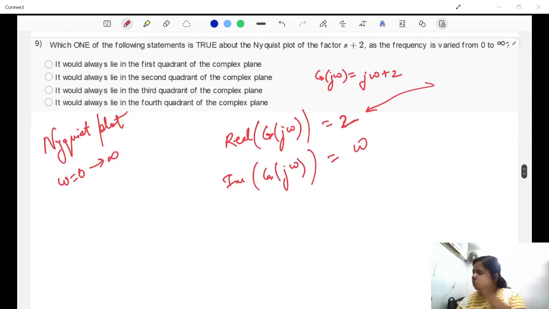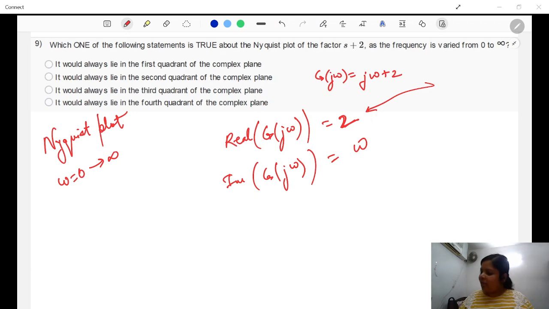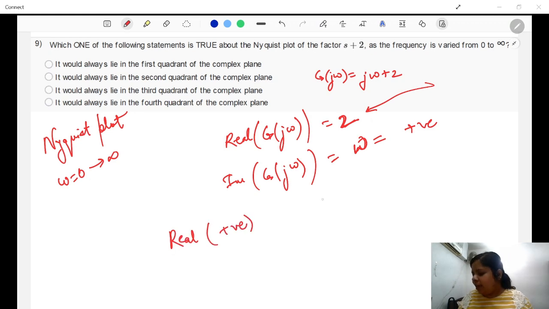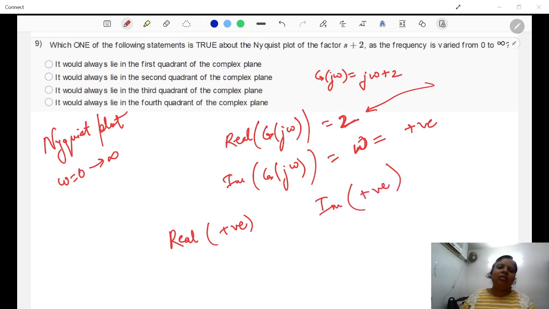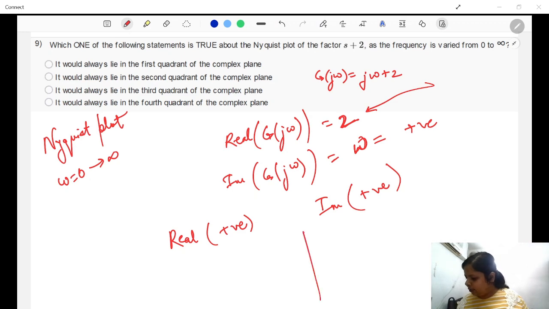So your real part is always 2, and as omega is varied from 0 to infinity, this would always be positive. My imaginary part is also positive forever as omega is varied from 0 to infinity. So it is just going to be this line.